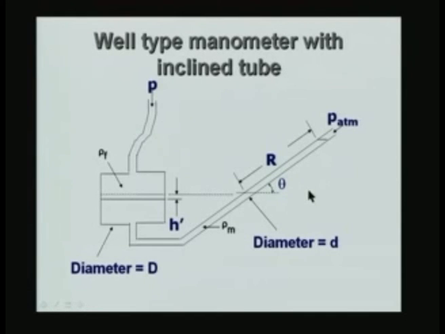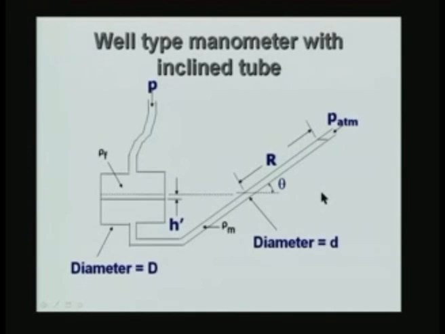So, if I take a small value of theta, the scale which I am going to attach to the tube is going to measure a large distance for a small change in the pressure or a small h. Therefore, the inclined tube is going to give you a mechanical advantage, and when you are measuring small changes in pressure, I can convert the pressure signal to a large manometer reading, which will correspond to a small manometer head.